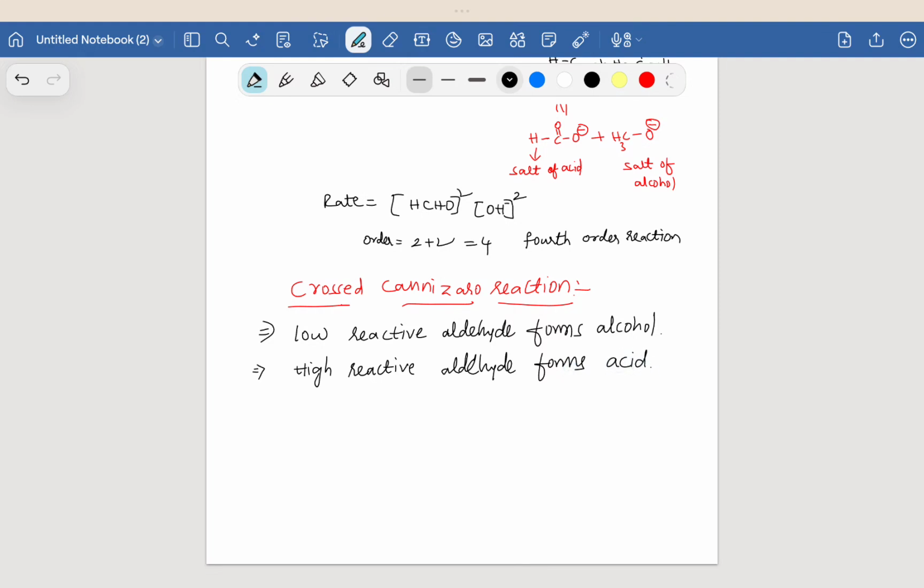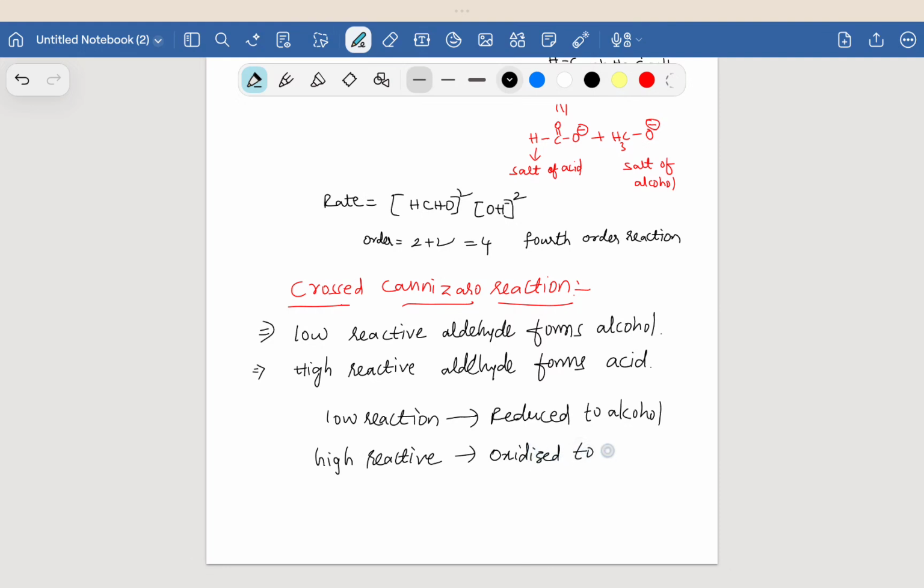This means the low reactive aldehyde is getting reduced to alcohol, and the high reactive aldehyde is oxidized to acid.